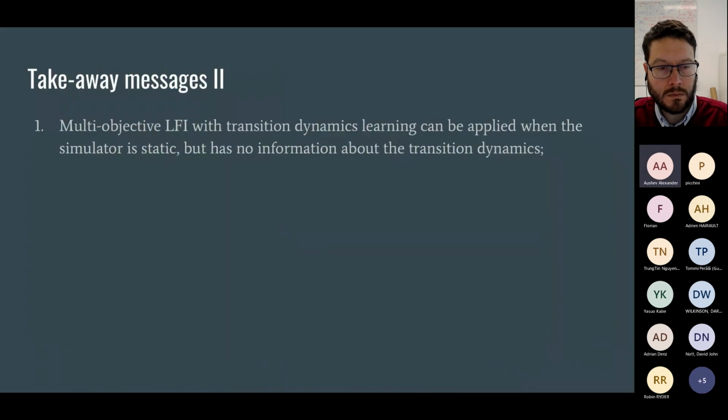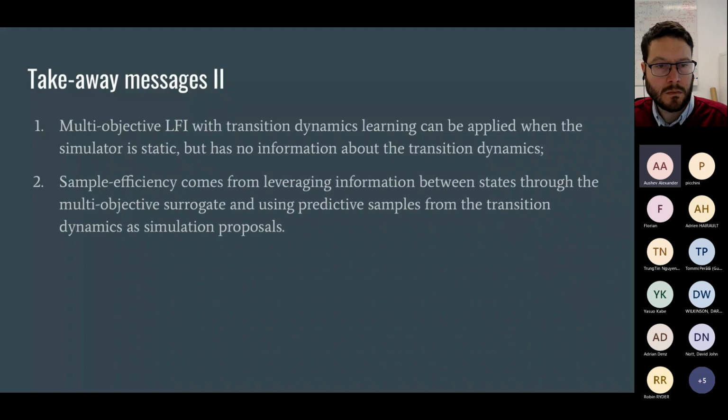So the takeaway messages from this second last part is that this multi-objective likelihood-free inference approach can be applied when the simulator is static and when we have no information about the transition dynamics. In such scenarios, we get the most benefit from learning the transition dynamics.